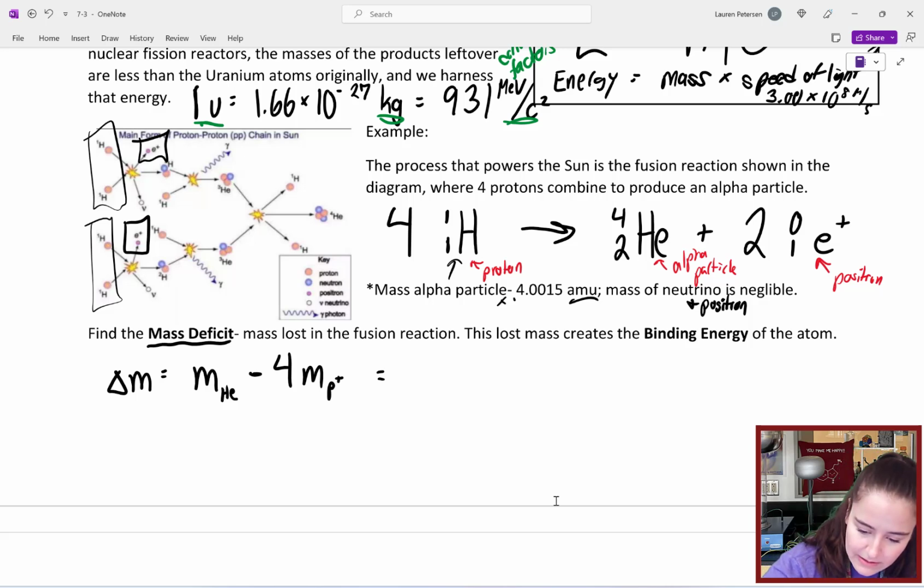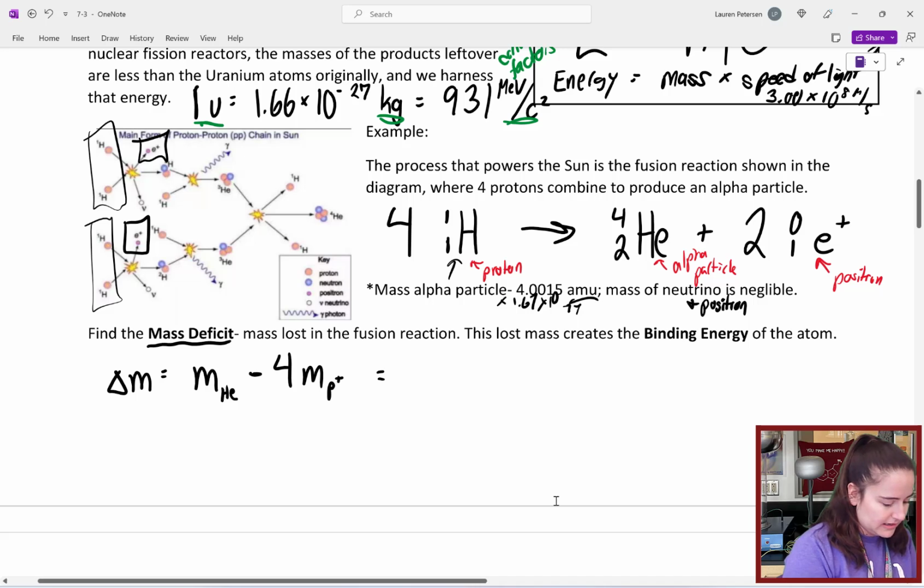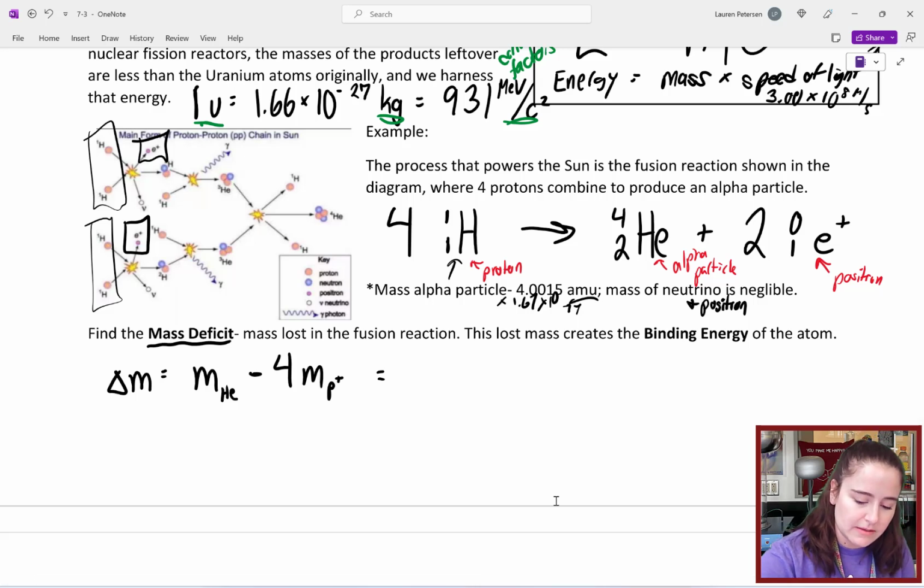I'm going to multiply it by 1.67, not 1.66, times 10 to the negative 27. So that tells us that the mass of that helium is 6.